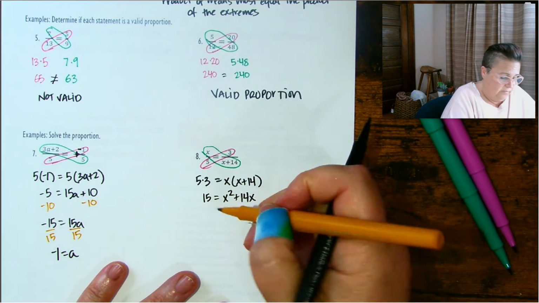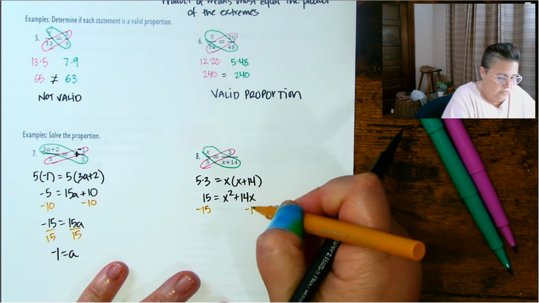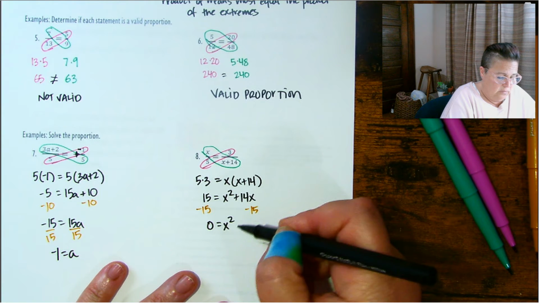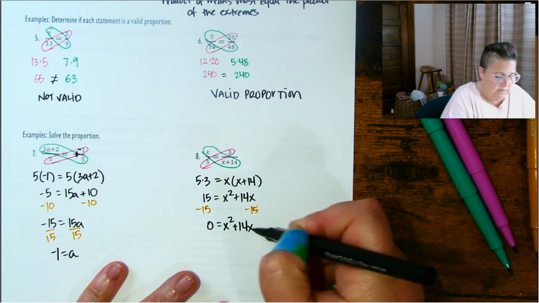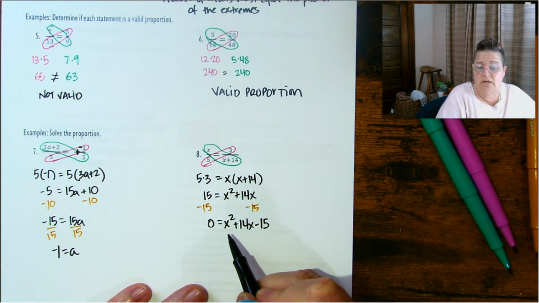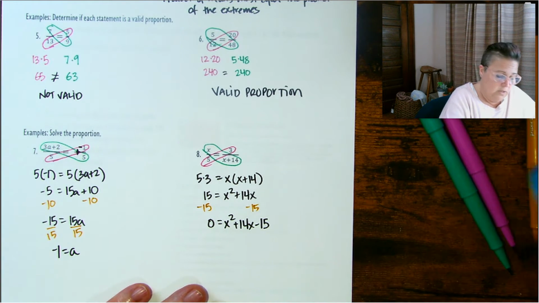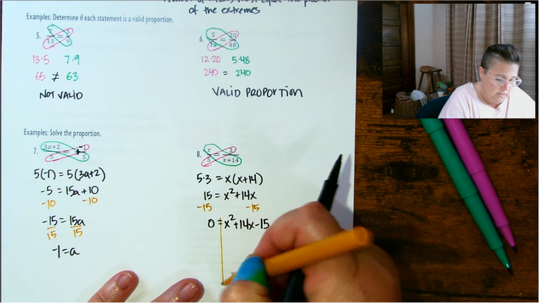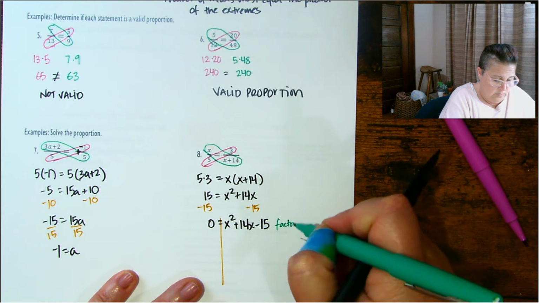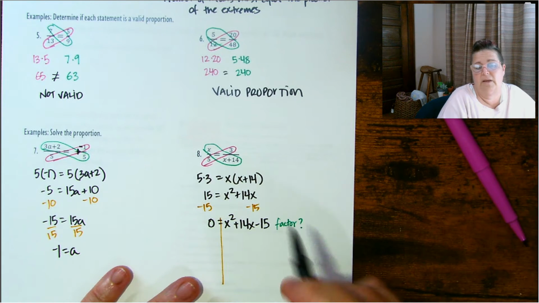I'm going to move that 15 over. So we have 0 is x squared plus 14x minus 15. Now, this is an x squared. This is a trinomial. We should have some bells dinging. Is it factorable? Will this factor out?